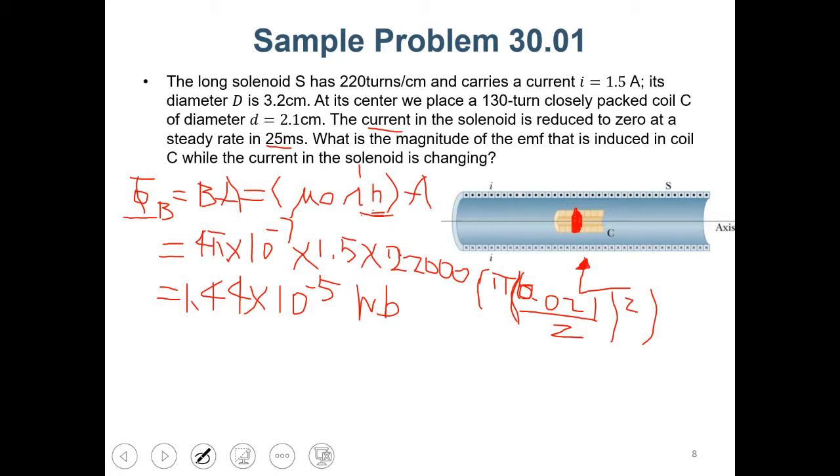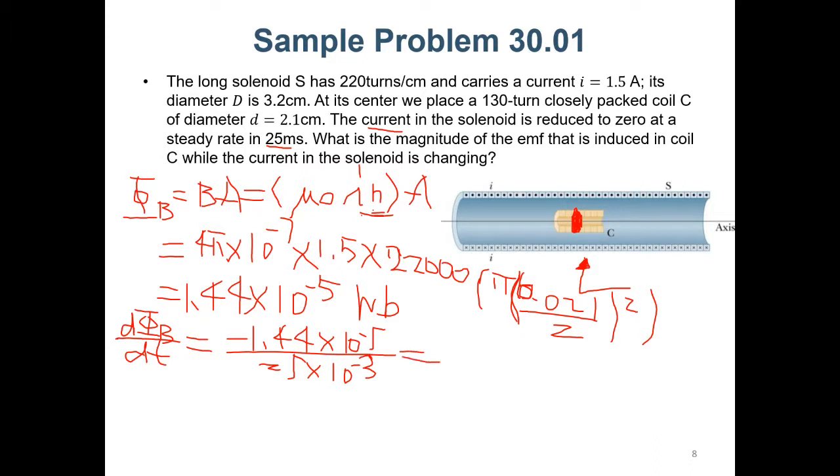Then we can calculate d phi dt. So actually, it is reduced to 0 at a steady rate in 25 milliseconds. So it is something like minus 1.44 times 10 to the minus 5 over 25 times 10 to the minus 3.